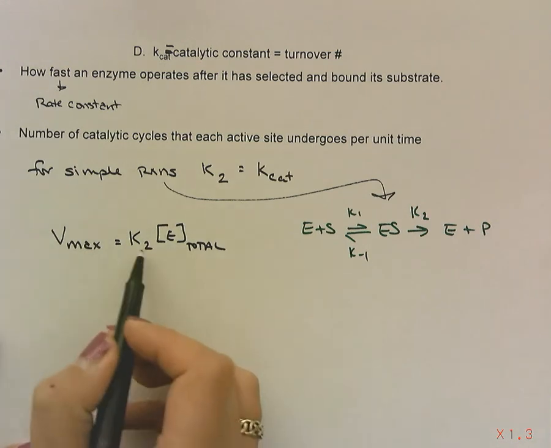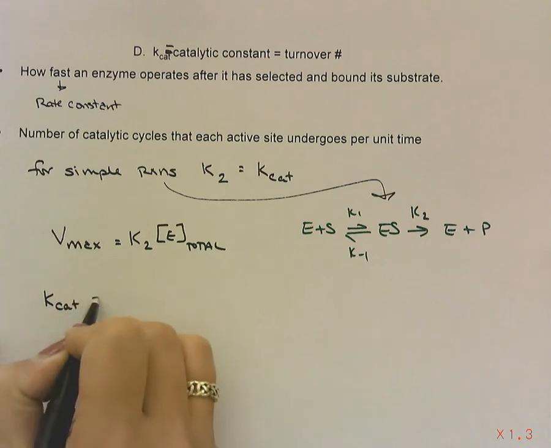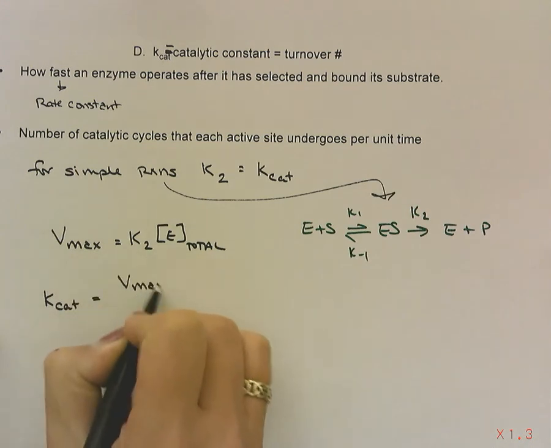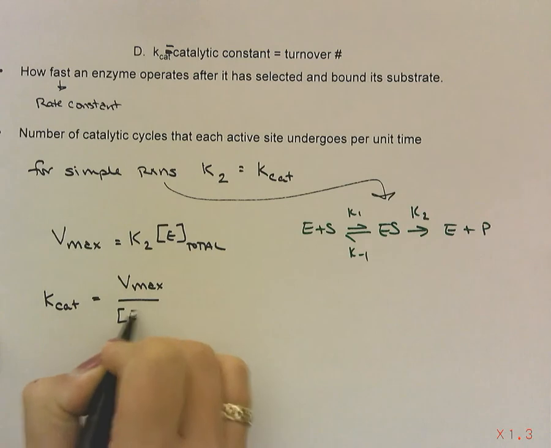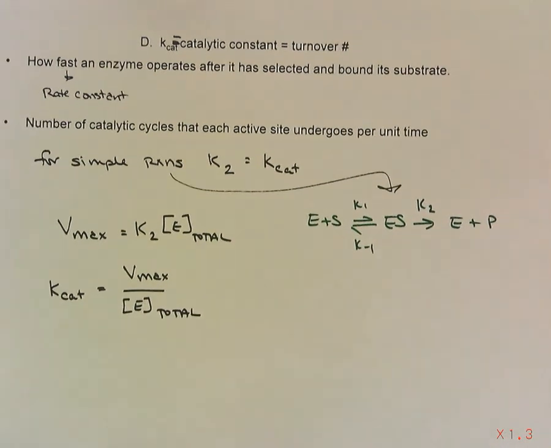So now knowing that K2 equals KCAT, we can rearrange this equation to define KCAT. KCAT is equal to the maximum velocity of the reaction divided by the total enzyme concentration.